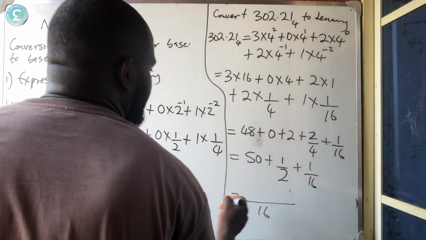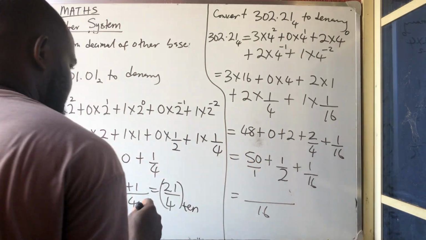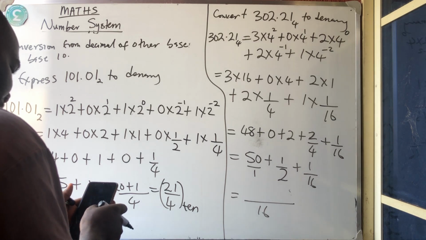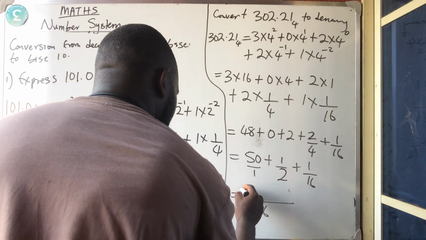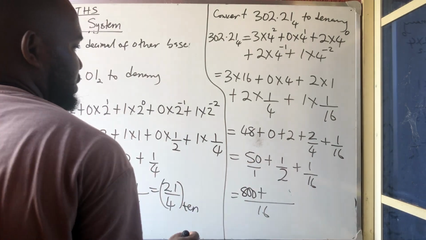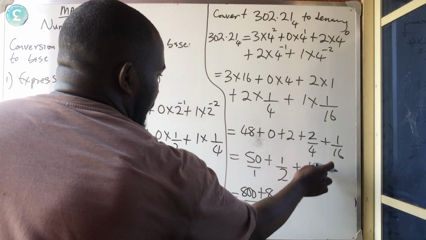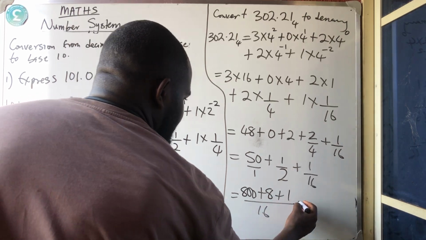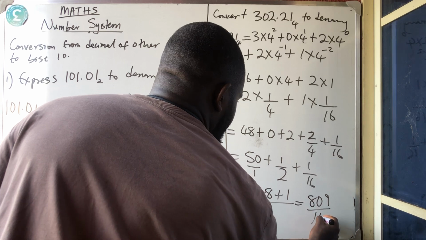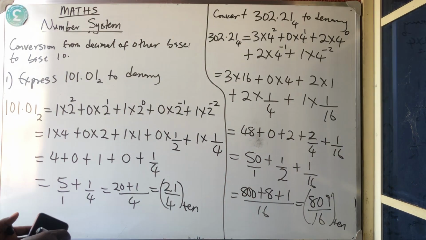The LCM is 16. 16 times 50, because this is over 1, I'm having 800. 800 plus 16 divided by 2 is 8, 8 times 1 is 8, plus 16 divided by 16, 1, 1 times 1, 1. So my final answer is 809 divided by 16, all in base 10. You see, it's very, very simple.